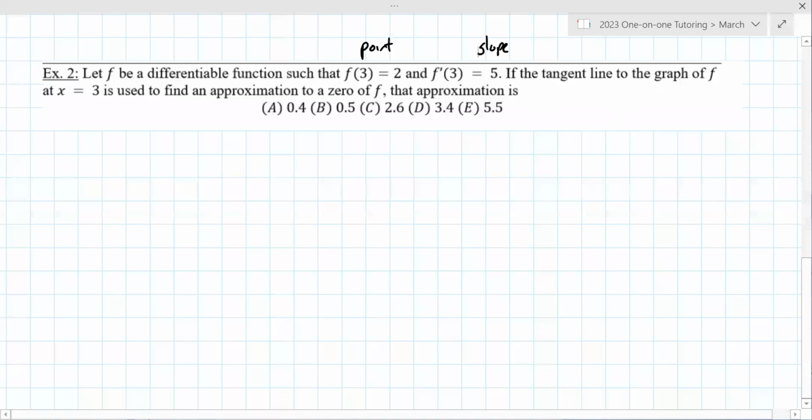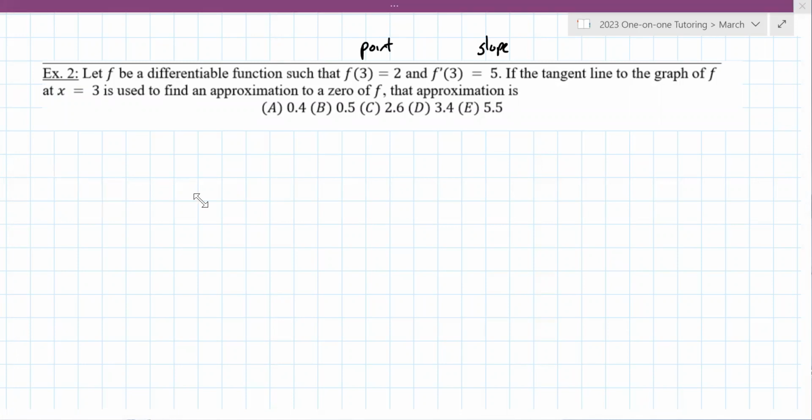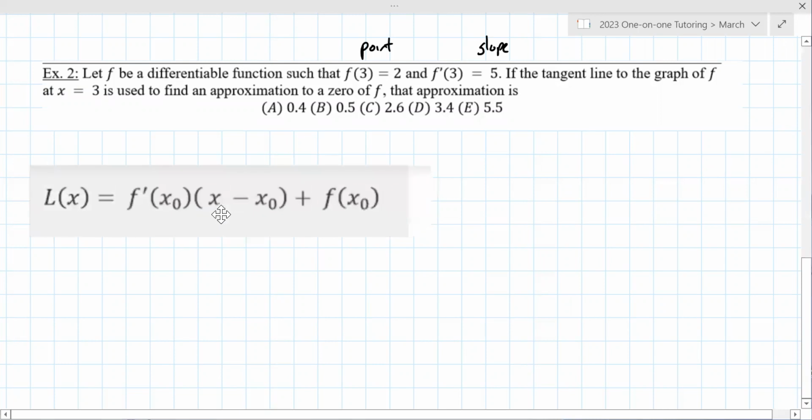okay, we're going to write the linear approximation again, just like in the previous problem. Okay, so your x0 is 3 and your y0 is 2. That's the point. Your f prime of x0 is 5.